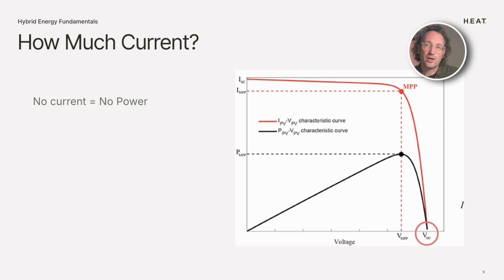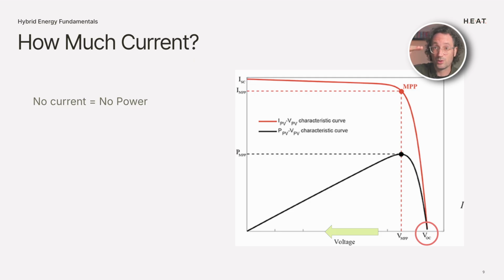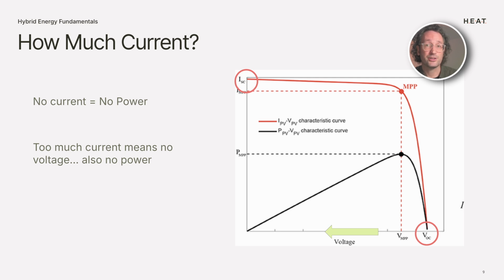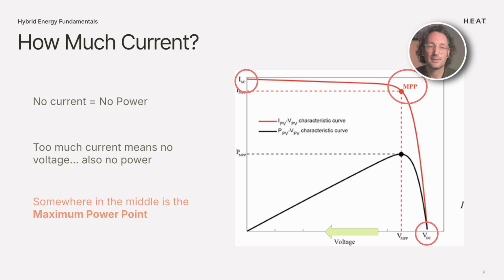As we start to draw current through the solar panel, we're going to see the voltage decreasing. And that kind of makes sense, right? As we draw current out of the solar panel, it's kind of like relieving the pressure on the solar panel and the voltage drops. We have to watch out. Draw too much current and you're going to hit 0 volts. 0 volts times some current is again no power. Somewhere in the middle, we have what's called the maximum power point.